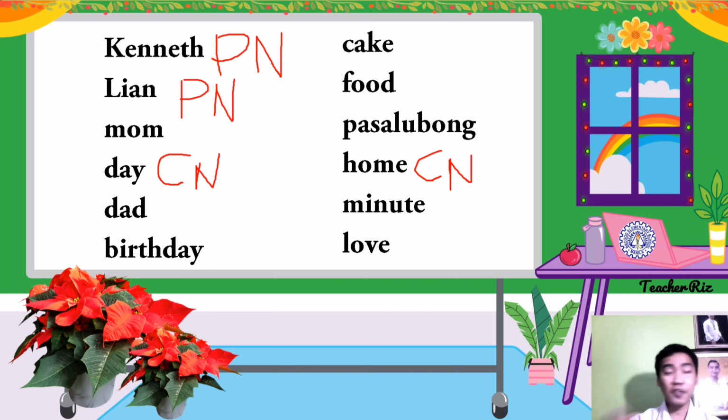So Kenneth and Lian start with, look at this, K and L. To observe this, home starts with a small letter h, and day also starts with a small letter d, so they are common nouns. Alright, I will give you an answer key during our synchronous class. So I hope you got this already.